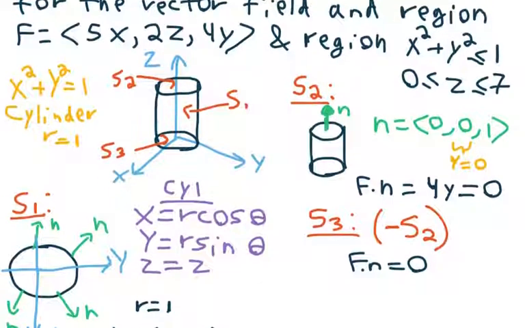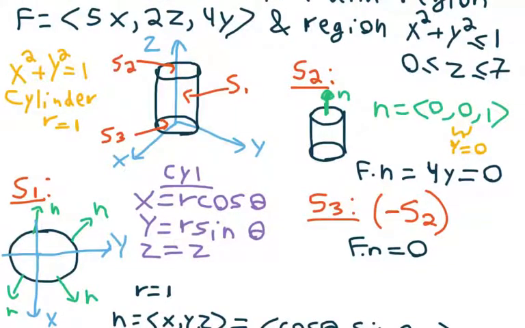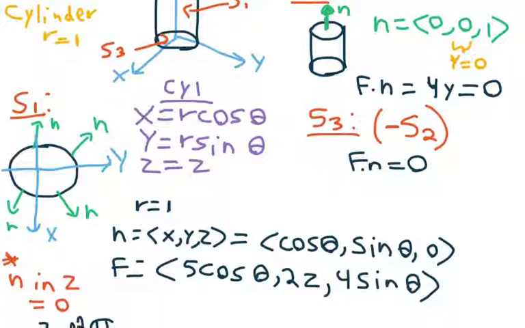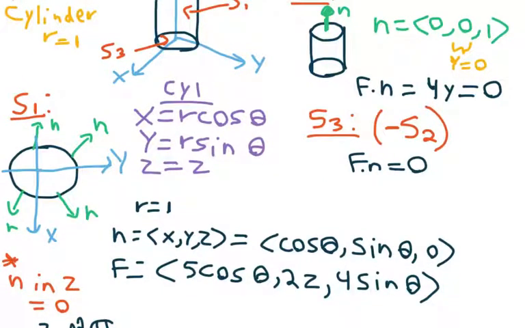Then, we know that it's a cylinder, so we can use cylindrical coordinates. We're going to replace x by r cos θ, y by r sin θ, and z we're going to keep as z. Afterwards, if we look at the S1 surface, the normal is going to be going everywhere, except the normal in z is going to be 0, since it's perpendicular to the z axis.